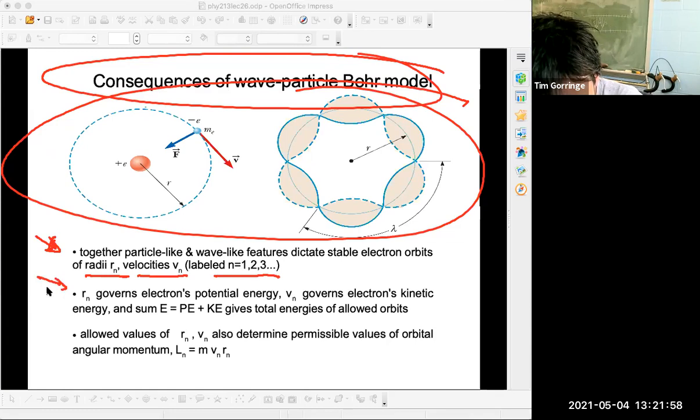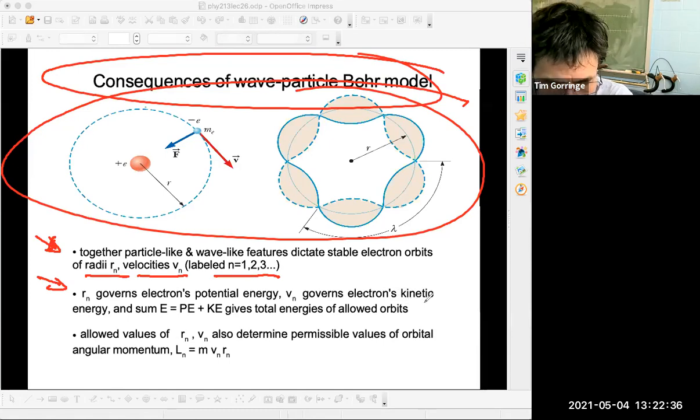Now, importantly, the radius of the orbit is going to govern the electrical potential energy of that arrangement. So the closer or further away the electron is to the nucleus, the positive charge to the negative charge, that's determining the electrical potential energy. So Rn governs the electrical energy. Vn, the speed for that orbit, well, that's going to govern the kinetic energy.